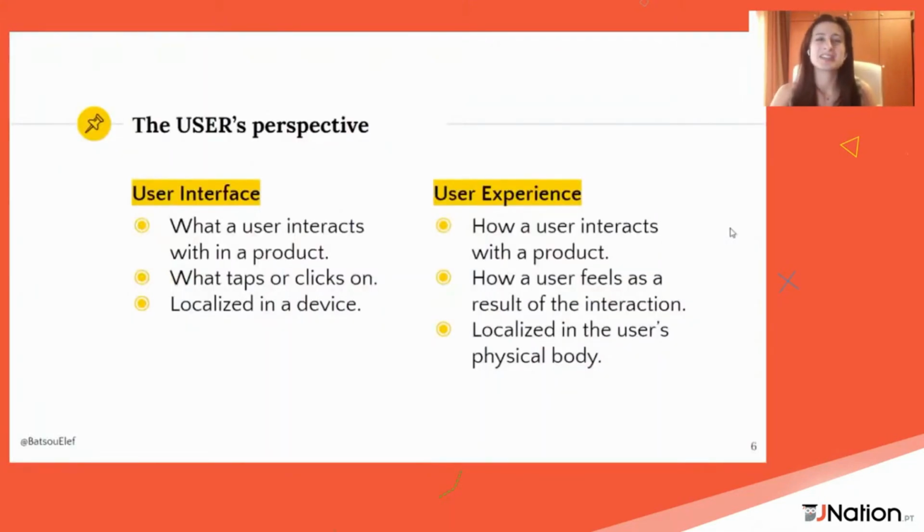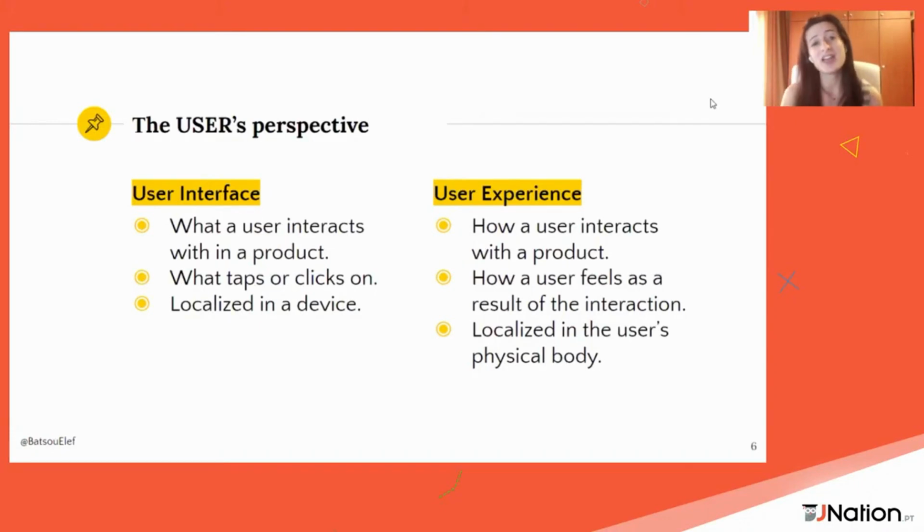Let's start. We will start from the user's perspective just because I think it's a little bit easier to understand it, but then we will continue also to the designer's perspective. So, as a user, an interface is what the user interacts with in a product, what they tap or click on, and it's always localized in a device.